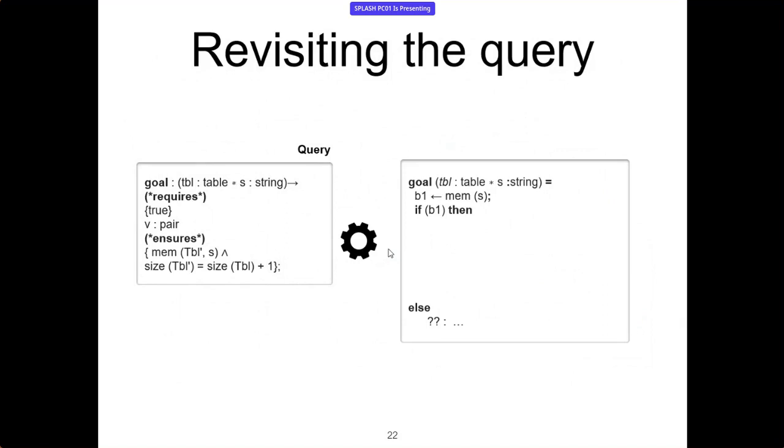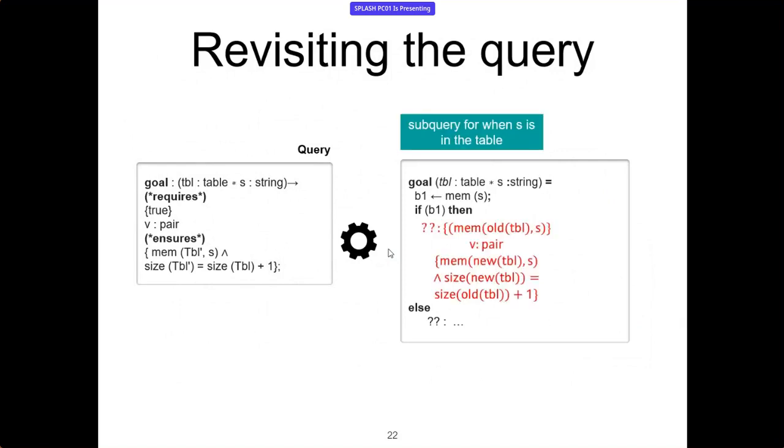I haven't talked about how the synthesizer breaks the top-level goal into these conditional branches, but this is pretty standard, and the details are in the paper. So let us assume that for the true branch, when S is actually in the table, it has a subquery which is given here, which is just saying that in the precondition we have that S is already present in the table.